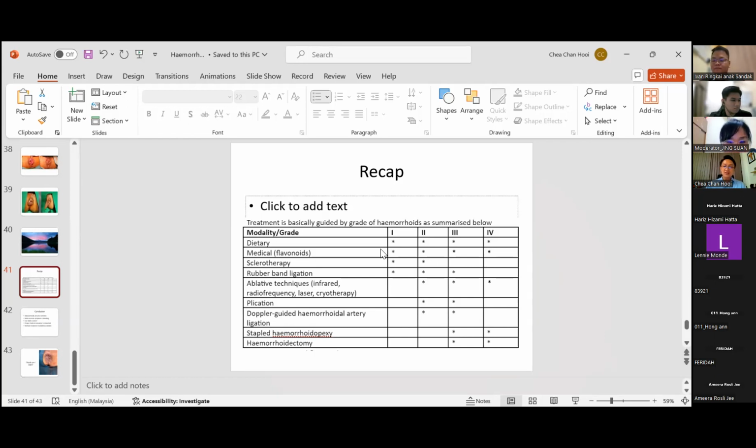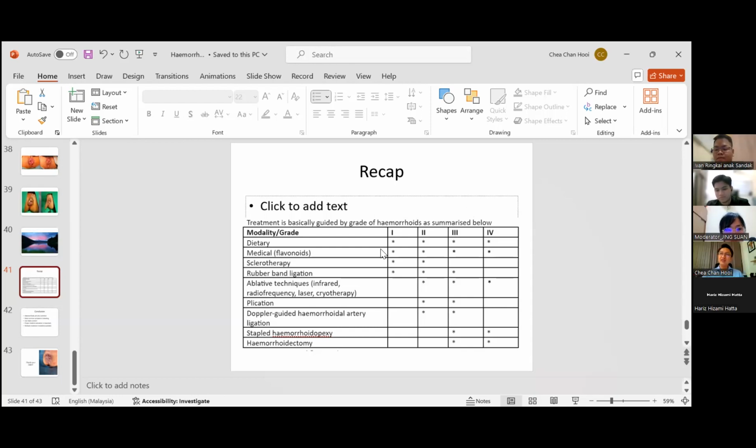Next question: is this disease congenital and can it cause death? This is not congenital, but whether it is fatal or not depends on what complications set in.